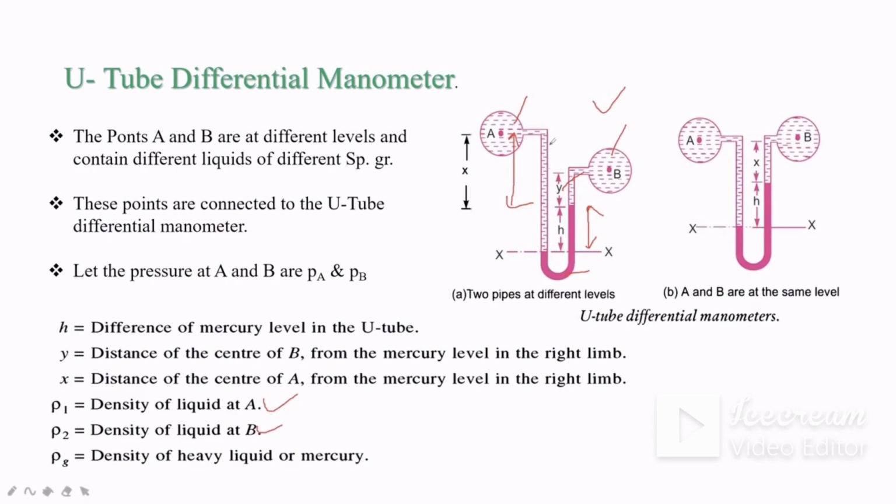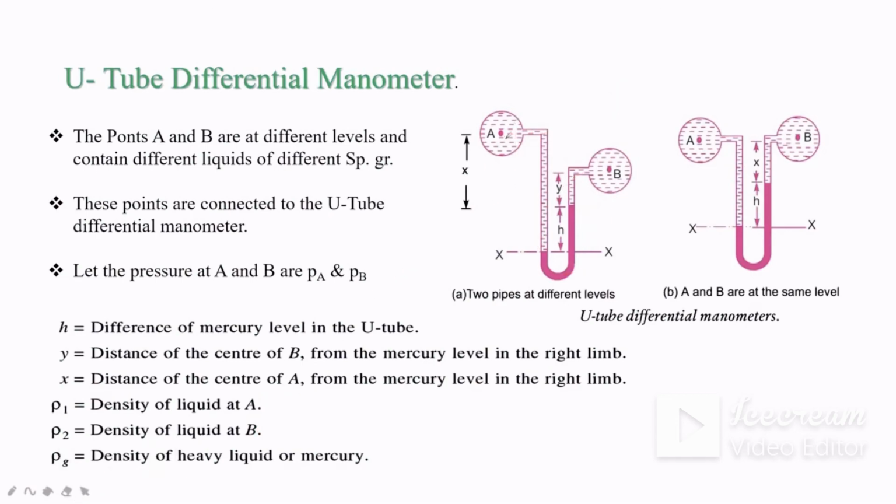Next, the pressure above XX in the left limb. So what will be the pressure here? The pressure at A plus rho 1 g, times this distance. One minute, I'll clear it.